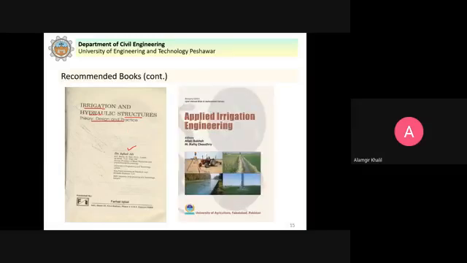And this is another book, Applied Irrigation Engineering, published by the University of Agriculture, Faisalabad, in 2017. You can find the soft copy on the internet, or you can purchase it from the market. It's a very good book. The main idea here is that you will get some of the latest data about the water resources in Pakistan and the irrigation system, clear?